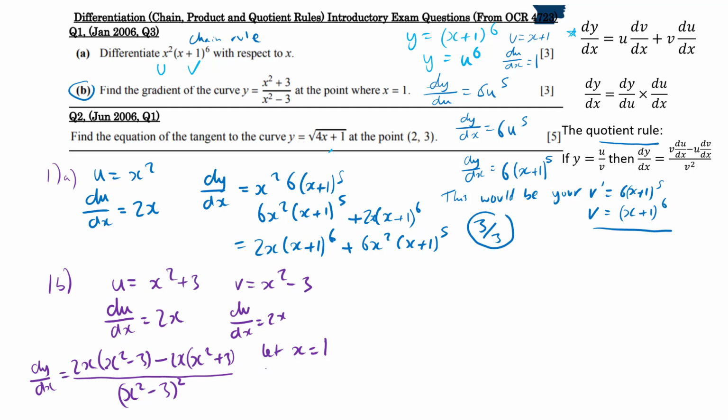So it's going to become 2 times (1 minus 3), which is minus 2, minus 2 times (1 plus 3), which is 4, all over (1 minus 3) squared, so that's minus 2 squared, it's over 4. So that's going to be minus 4 minus 8 all over 4, and then we're going to get minus 3.